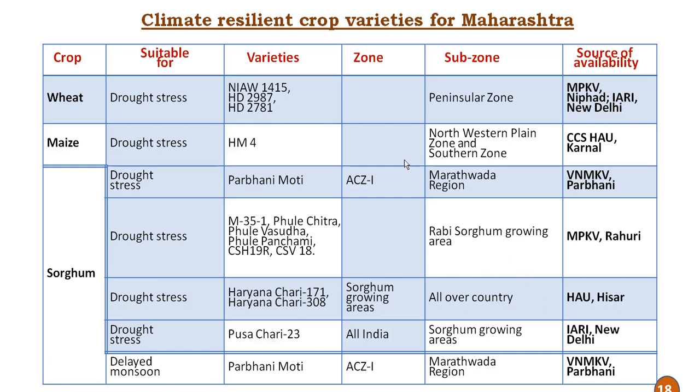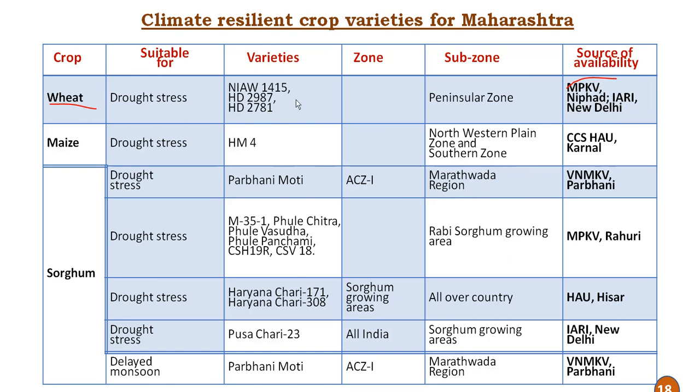Here are some examples of climate resilient crop varieties for Maharashtra. There are different crops, and these varieties are suitable for different environmental conditions under different zones, and the varieties have sources from different universities or research stations. So these are the climate resilient crop varieties suggested for Maharashtra state.